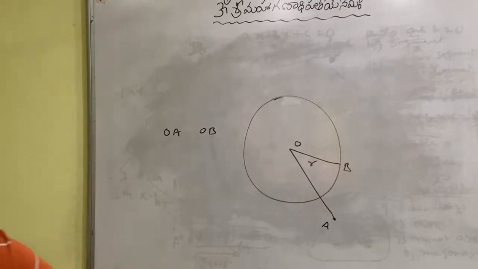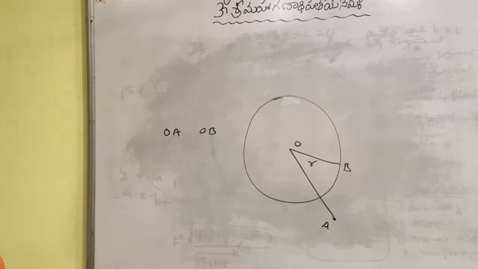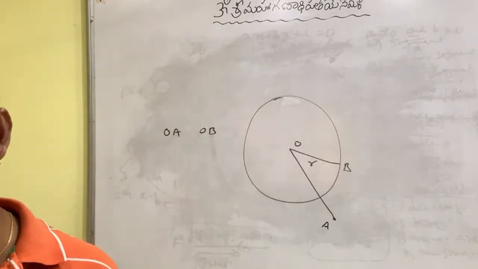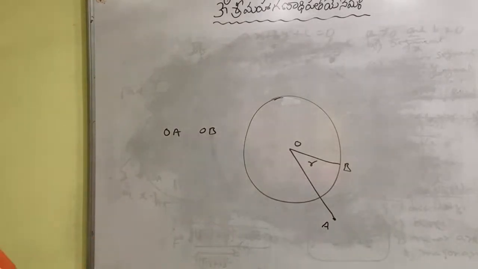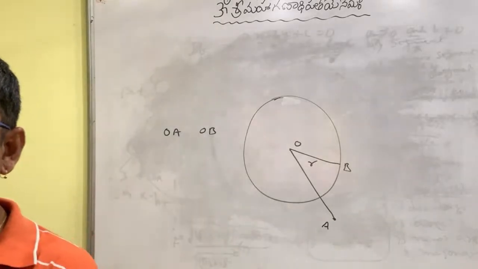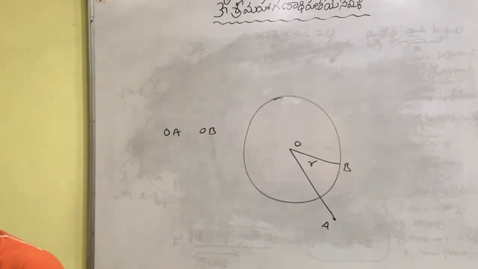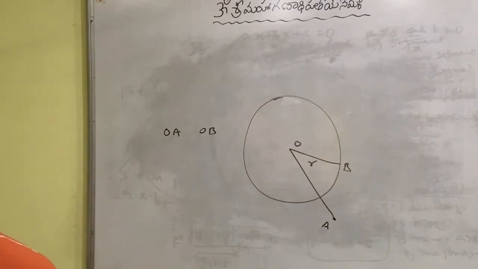That is what you have to understand. Third question. What is the longest chord of the circle, children? Diameter. The longest chord is the diameter.